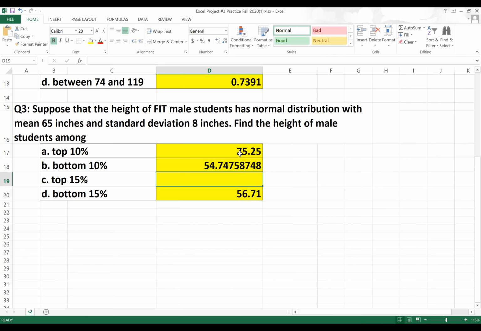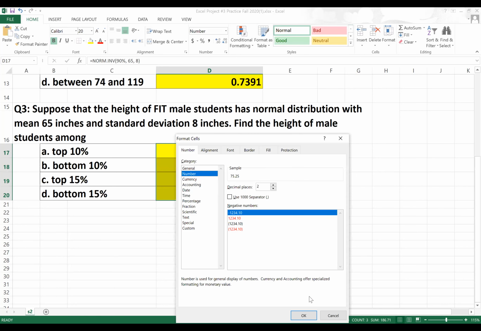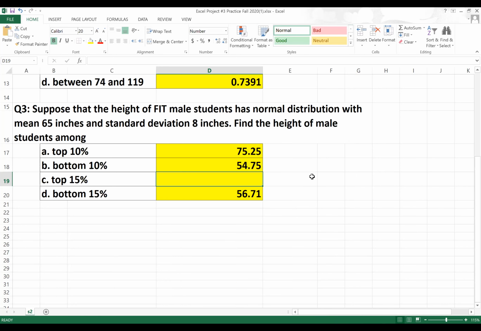So this turned out to be 2 decimal places. You just format to 2 decimal places. And also the last one, top 15%, that means on the left is 85%.